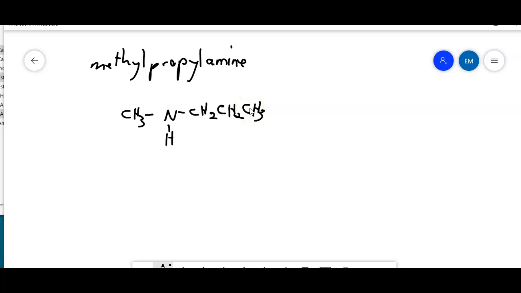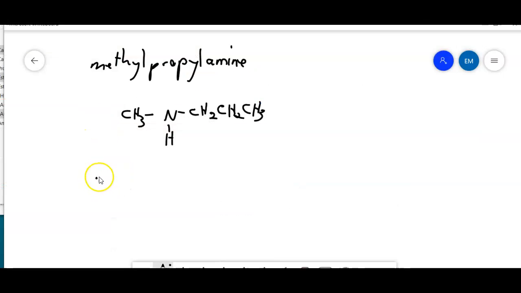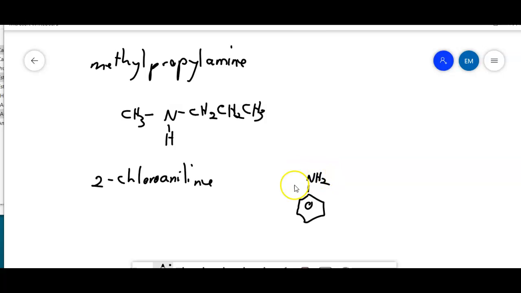So that's that one. The other one was 2-chloroaniline. Well, you know what aniline is. Aniline's this thing. And there's no N anything. Okay, there is such a thing as N-chloroaniline, but it would say N-chloroaniline. So there's nothing on the nitrogen here other than hydrogens.